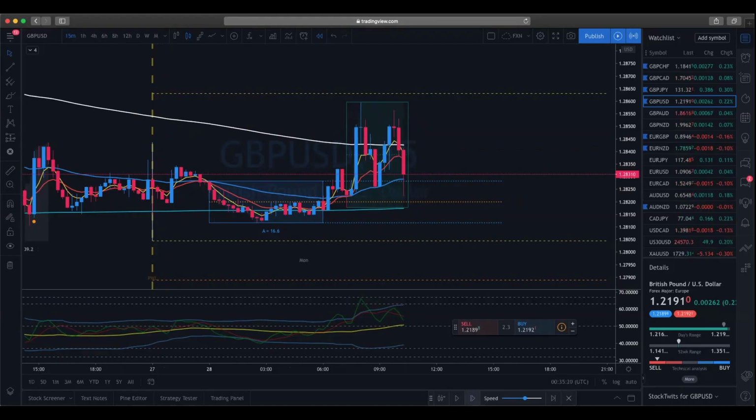Here's the thing, how many people would get into this trade right now? Anybody willing to get into that trade right now? It's too late in the session, right? Troy says it's too late in the session.